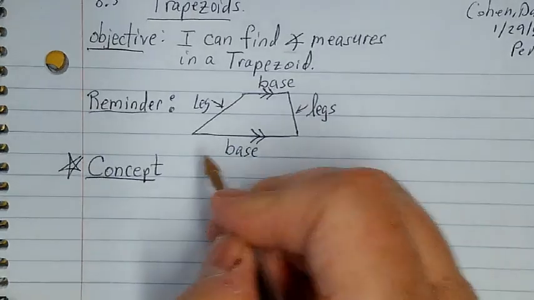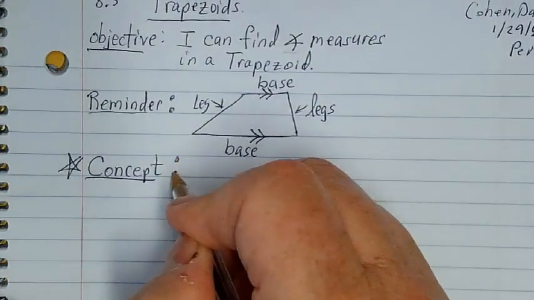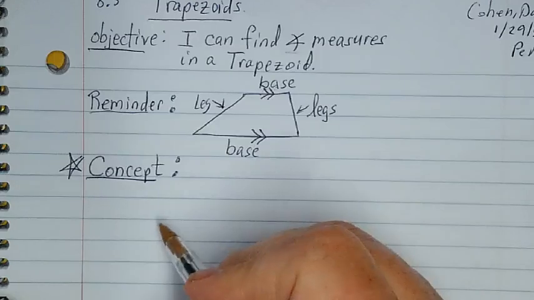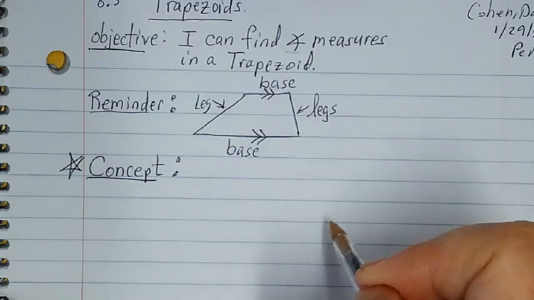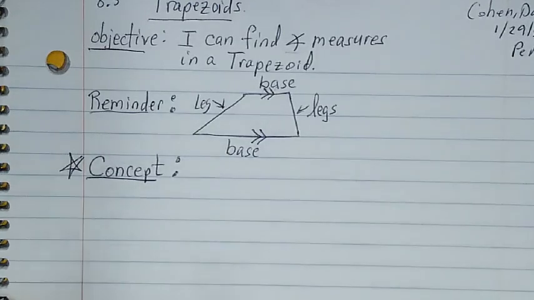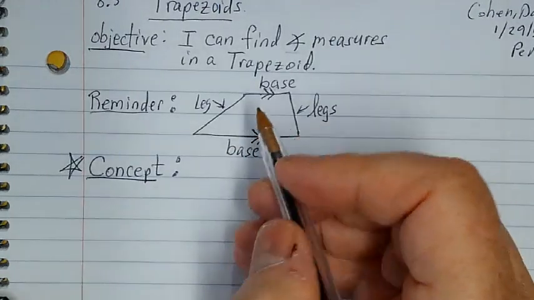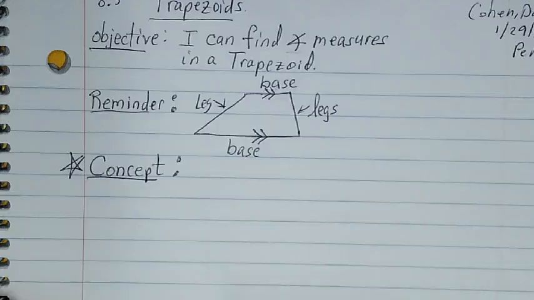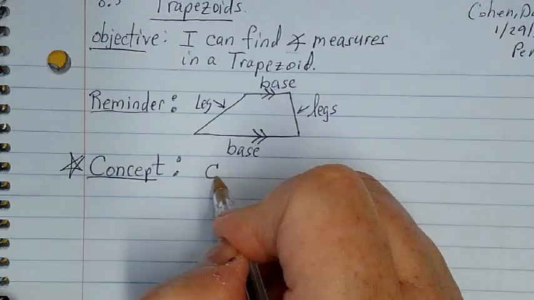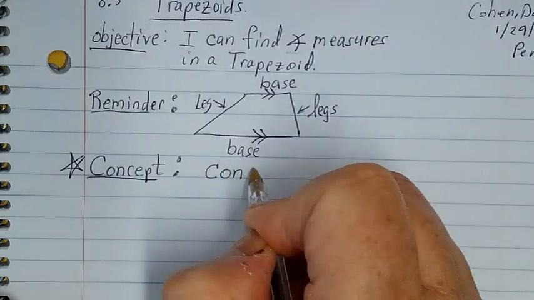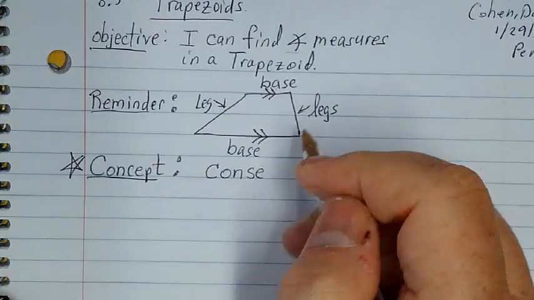The concept. I'm going to write a concept in words, then I'm going to show you a picture, then I'm going to show you it in symbols, and then we'll do 2 examples. You'll have a couple problems, and that's the end of our day. You ready? The concept is this. I'll say it as I write it.